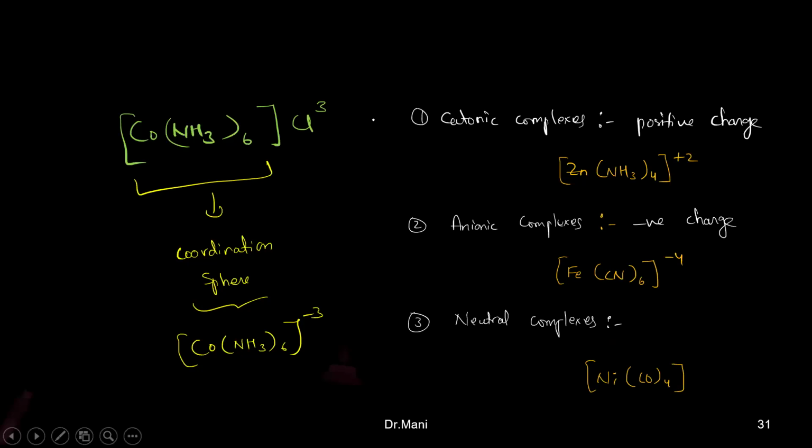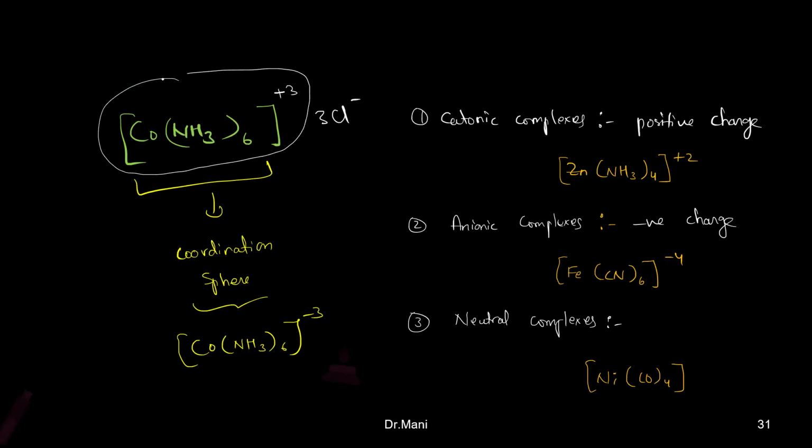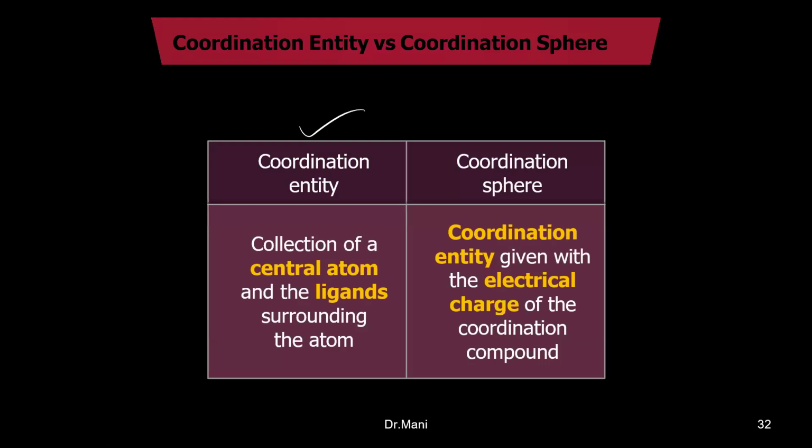You also include this charge present here, that's a +3. You include this charge, then we call it as the coordination sphere. Remember this. This is the coordination sphere. Okay. And if you take only this part, don't include the +3 charge, then it is a coordination entity. Understood?